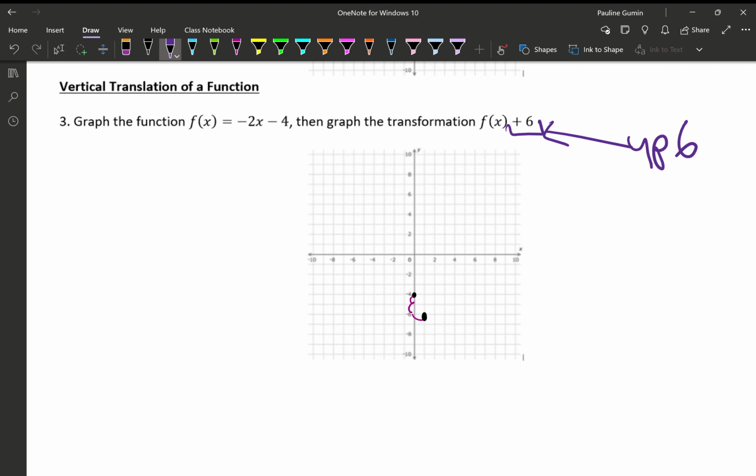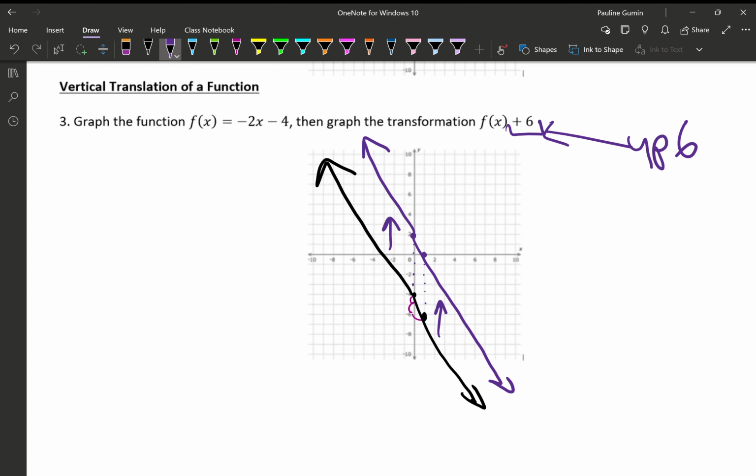All right. So I'm going to move each point that I have drawn up 6. 1, 2, 3, 4, 5, 6. 1, 2, 3, 4, 5, 6. I'm going to connect my original line and my new line. Hopefully you can see that we moved up 6.